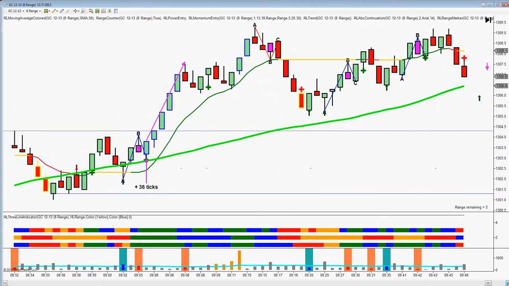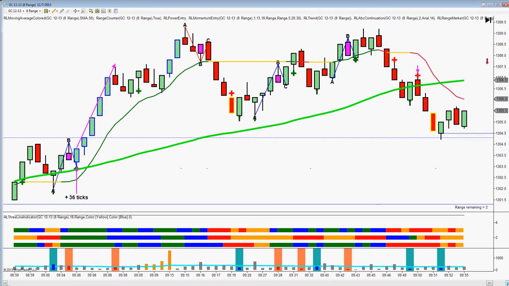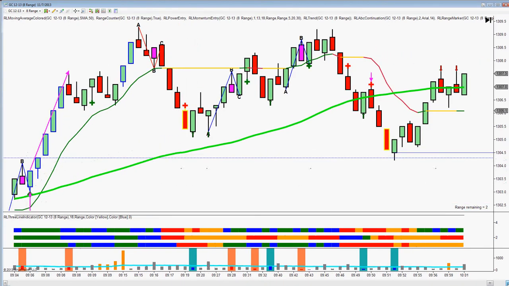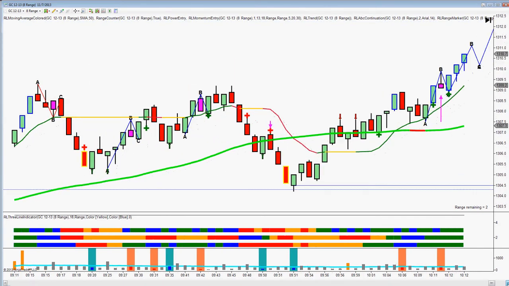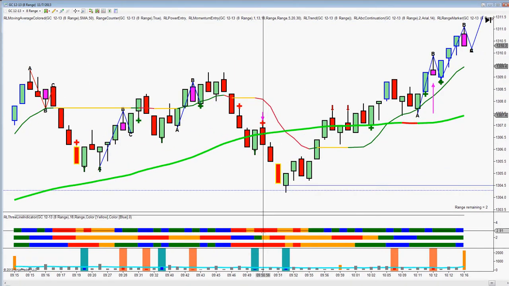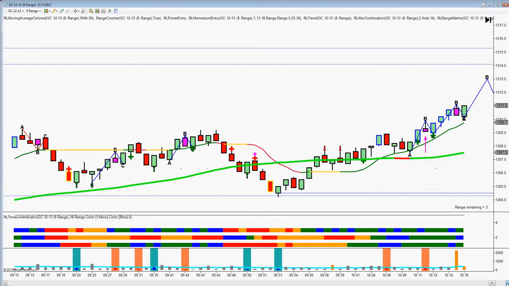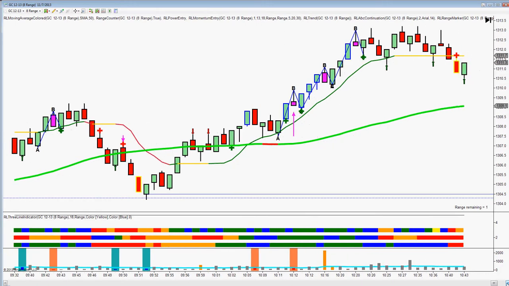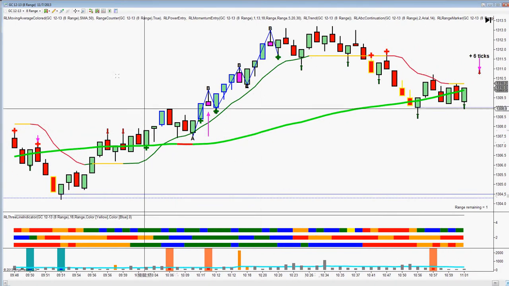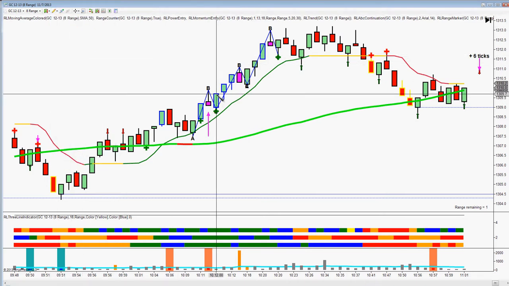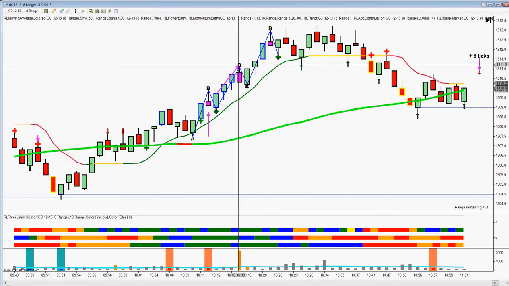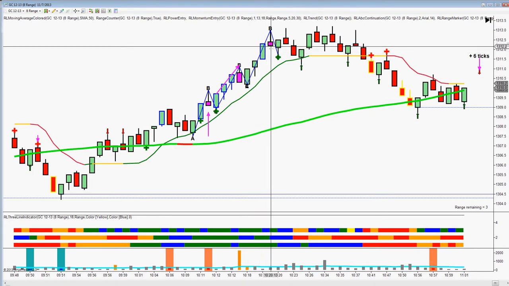Then a couple of people in the room were short here. I didn't take it. It was a good setup. Now here was a great B, and here's your C, which took you up to here. Can't trade a second pivot or third pivot B. Didn't see it.